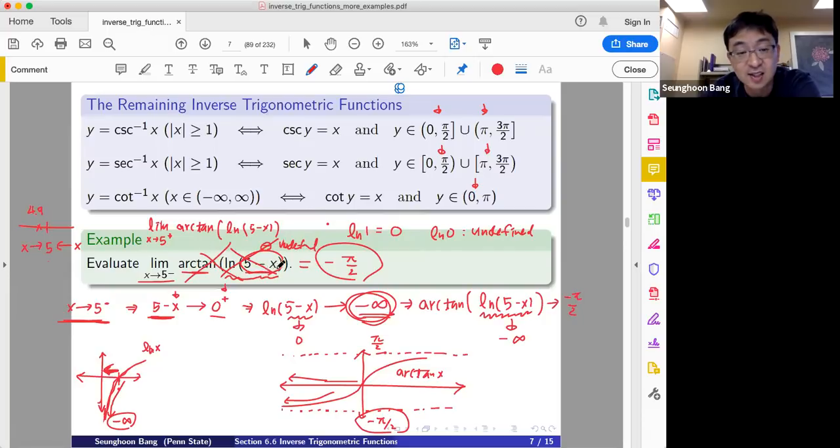Arctangent does not exist. The answer is does not exist in this case. So we cannot define this kind of thing. Greater than 5 is impossible for solving this problem. Only less than 5, because the ln function is well defined on positive numbers. ln of a negative number is undefined. This is the reason, so we cannot use it.